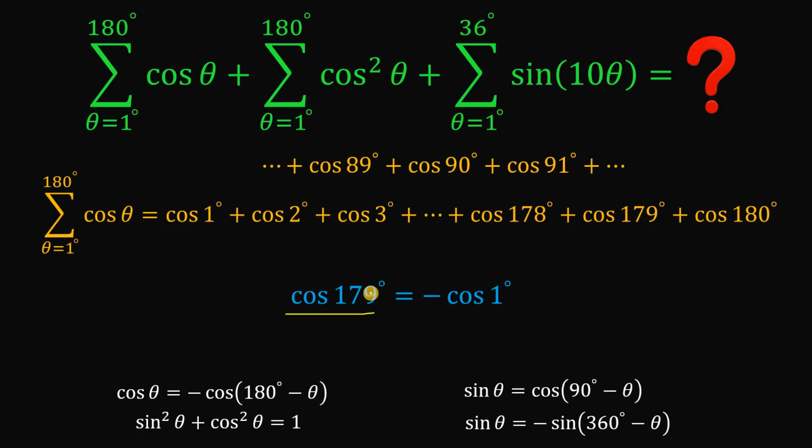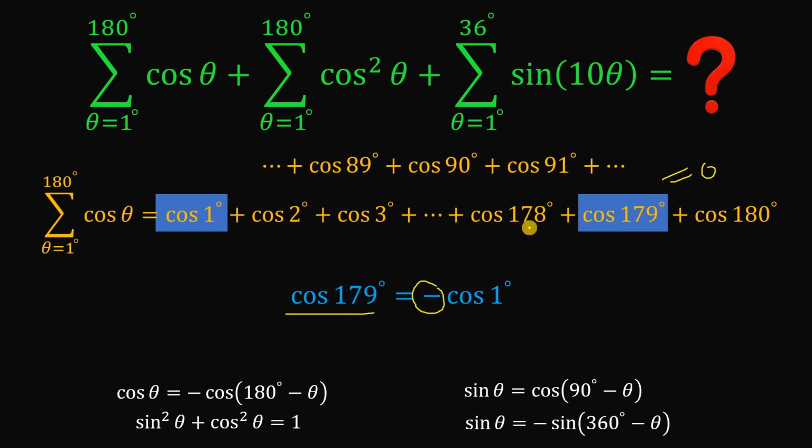So, cosine 179 degrees must be the same thing as negative cosine of 1 degree. So, if we add cosine 1 degree plus cosine of 179 degrees, and we know this is negative cosine 1 degree, this is just 0.